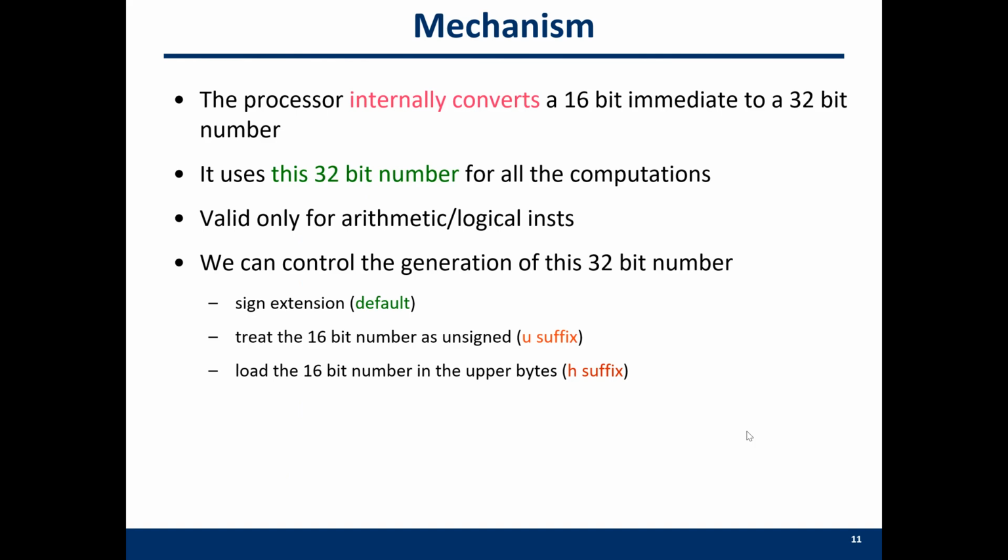But the CPU actually uses 32 bits. So that's the reason why you need a different move instruction with different modifiers.